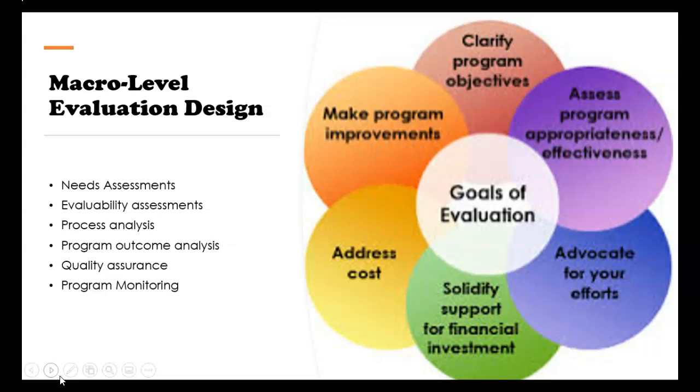Evaluation of goals includes clarifying program objectives, because you may find that workers are not clear on the objectives, and so their work is not meeting the needs of the agency because they're not clear what those objectives are for the program. Assessing program appropriateness and effectiveness, that's that ongoing program monitoring and process analysis that's going on all the time.